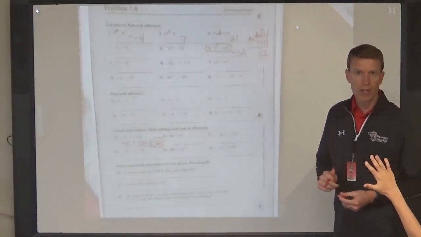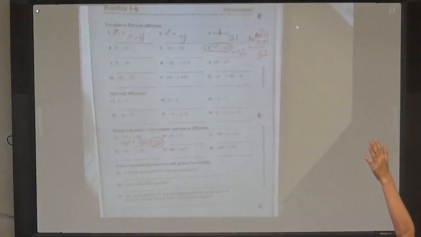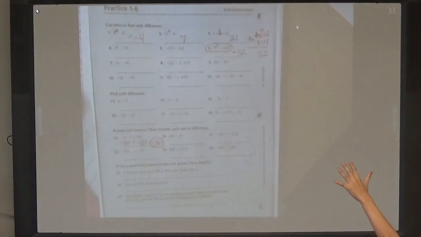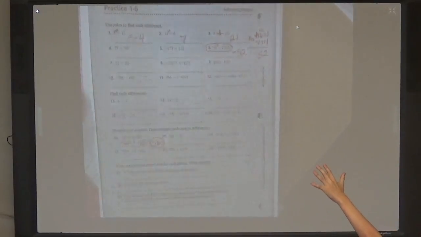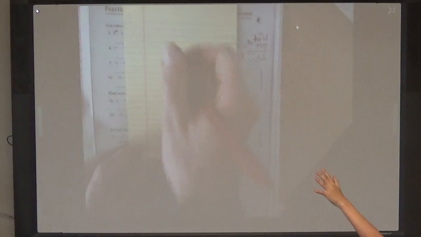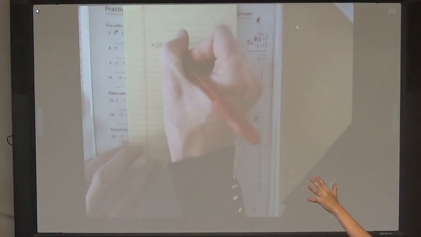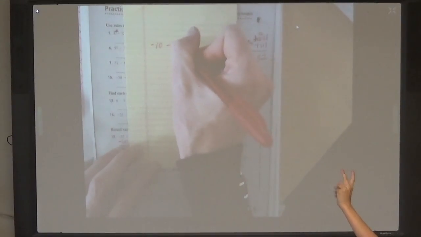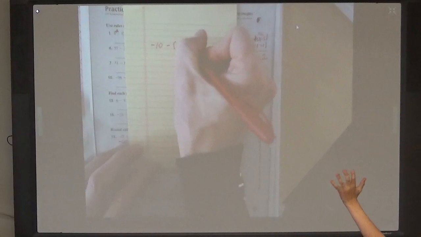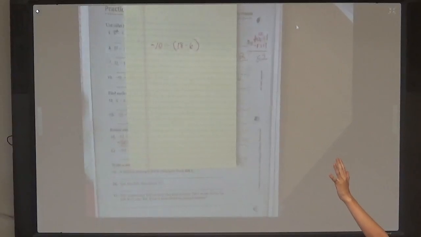An example would be, if you had negative 10 minus, and then parentheses, 18 minus 6. Okay?